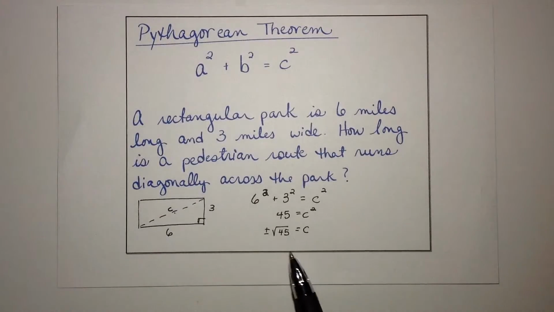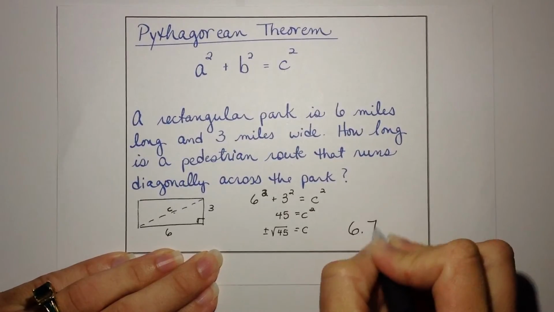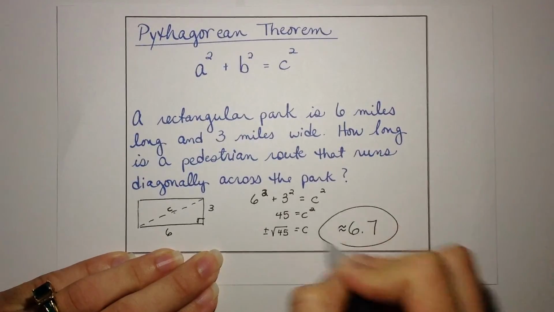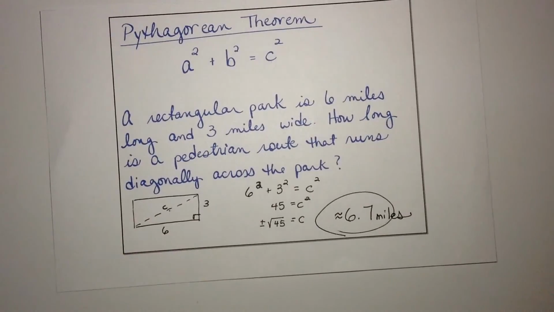The other thing is that you're going to see on this is they're going to look at this as a decimal, because it doesn't make any sense to say, well, the distance is 3 square root 5. You know, it's going to make more sense to look at it as a decimal. So just use your calculator, square root of 45. So if I just go to one decimal place, my answer would be 6.7 approximately. And again, that's just approximate. Of course, that's in miles. So there's your answer to that one.